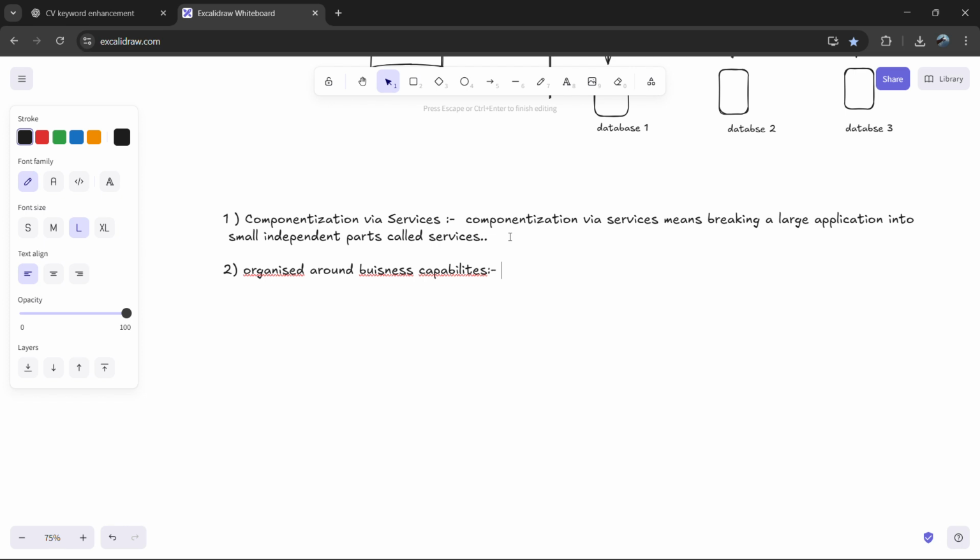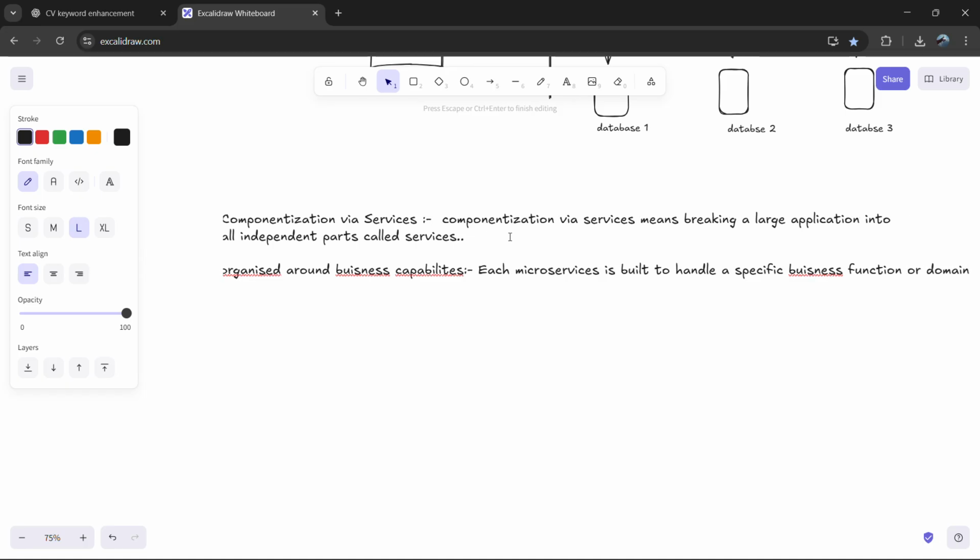So in simple words, if you want to define what organized around business capability means: each microservice is built to handle a specific business function or domain.